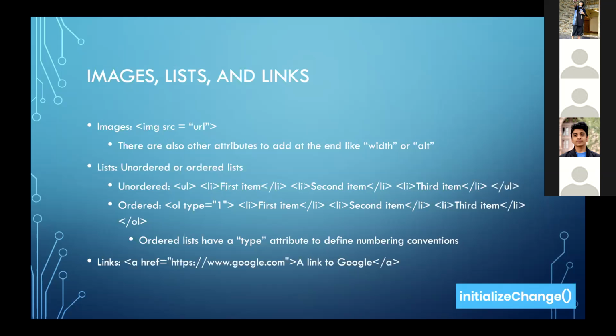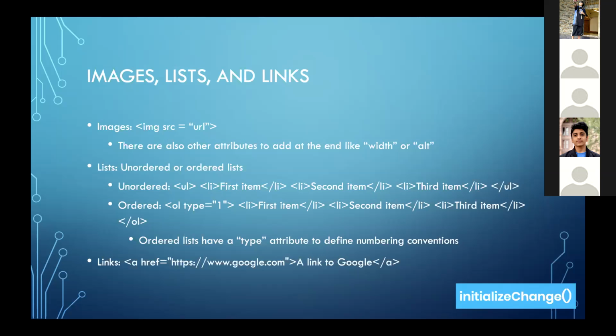There are also other attributes to add, including the width, so you can add a specific dimension for the size of the image. You can also, in case the image does not load properly onto your screen, specify alternative text. Have you guys ever seen that text that goes like, 3 trees and a person riding his bike? That's basically what it is. You specify a description of what the picture is if it doesn't load up.